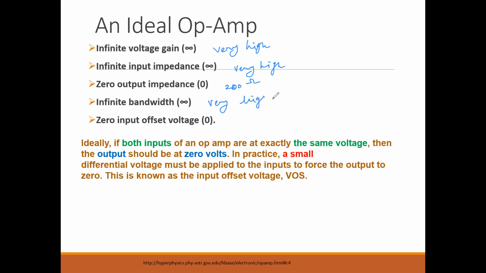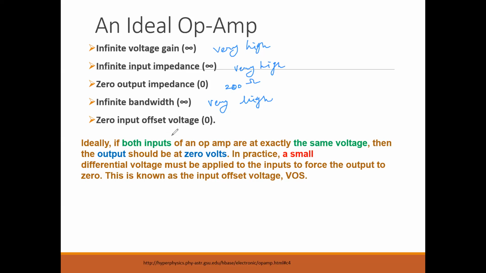So many channels can be accommodated when you use the op-amp in communication circuits, or zero input offset voltage. That means a very small value of input offset voltage. So ideally it should be zero only.